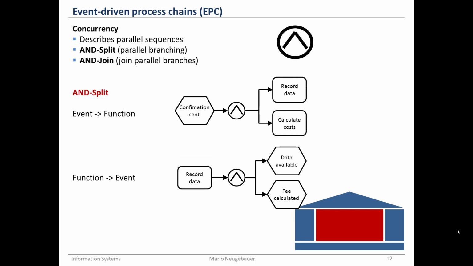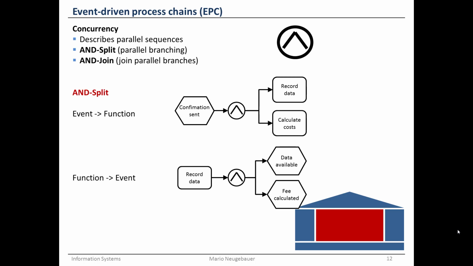And you might model it like that because it might be important for you that you have this event data available, because this then triggers the next function, and it describes that a certain sequence then is performed after the recording of the data. And the same with the fee calculated, you do it in parallel to the data available, and you might need it because you describe a certain sequence which is then done in parallel to data available.